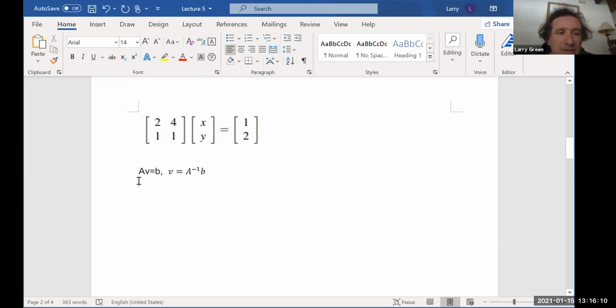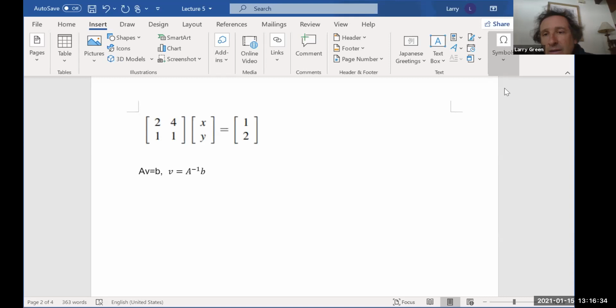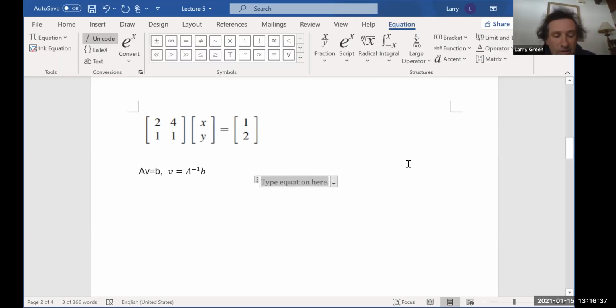All right, so what we need to do is find the inverse so that we can multiply that inverse by b. Do you remember I told you there was a nice formula for the inverse that we can use? You do 2 times 1 minus 4 times 1, which is -2. So let's write this out. We get -1/2, because it's 1 over that.